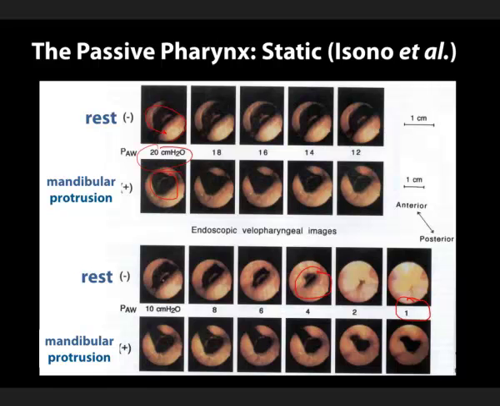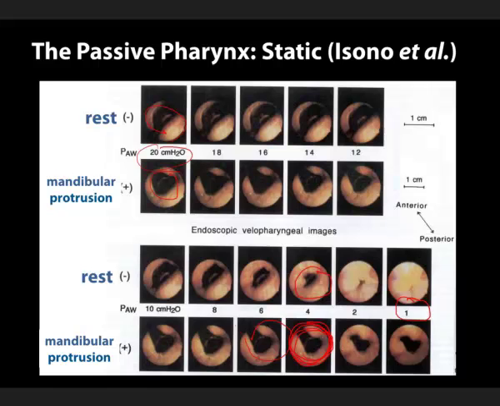Then you follow down along, and you start to notice that at 10 centimeters, 8 centimeters, 6 centimeters, the airway is closing down with the pressure alone, but not with the mandible protruded at that same pressure. At 4 centimeters, a dramatic difference: with the mandible protruded, we have a much bigger lumen than we did with 4 centimeters of pressure with no protrusion.